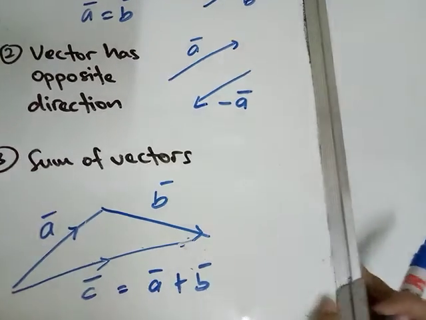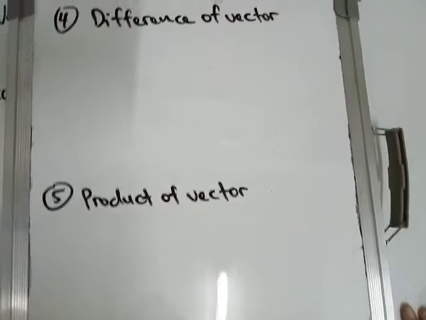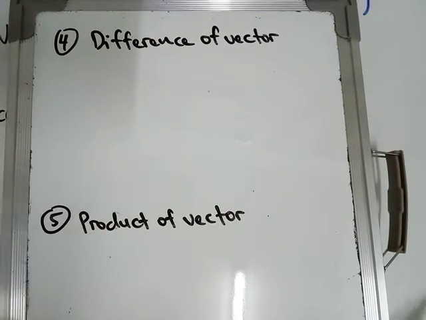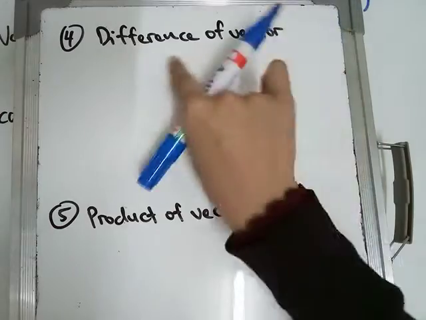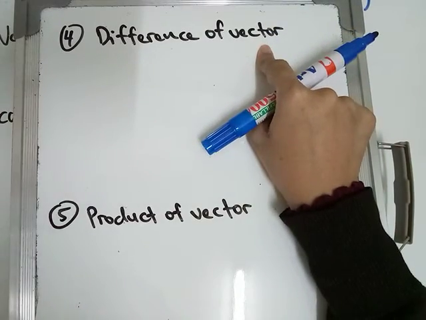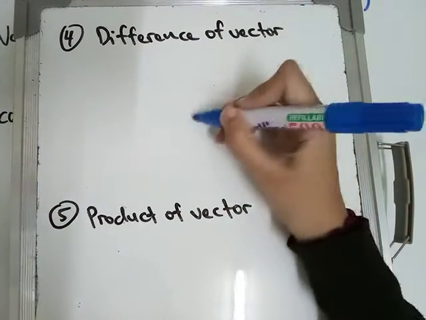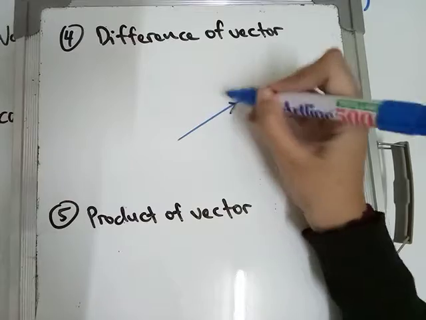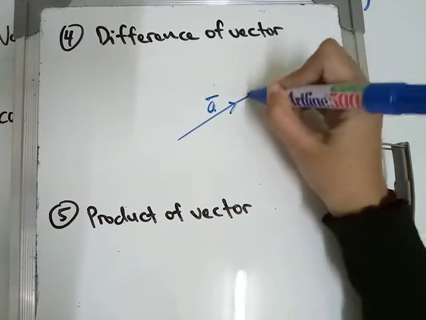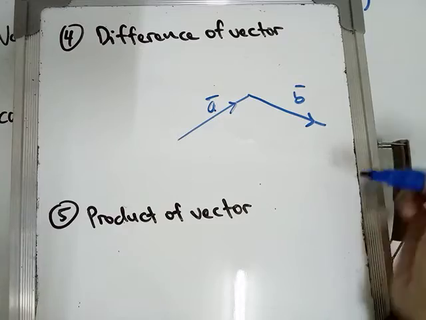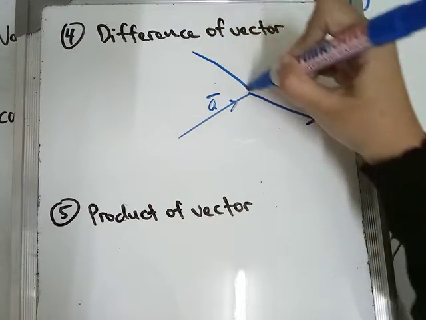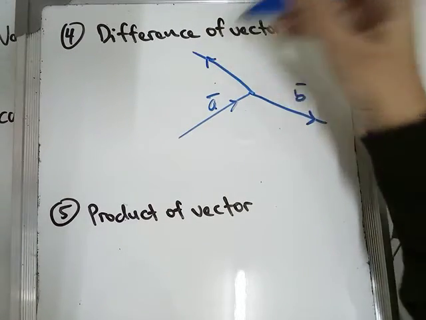Alright, and then number 4, difference of vector. Just now, sum of vectors means adding. Difference of vector means subtraction. Let's say we have vector A and vector B. And then we have another one for vector B, but different direction.